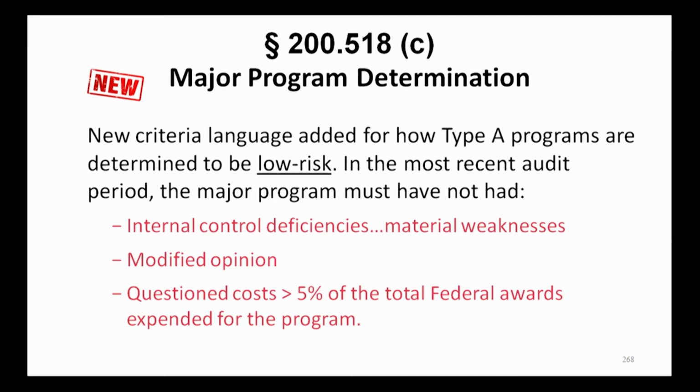So if it has a modified opinion, that means it's going to be a high-risk program. And then also there are no questioned costs that are greater than 5% of the total federal awards expended for that program. So, criteria for determining a program to be low risk.